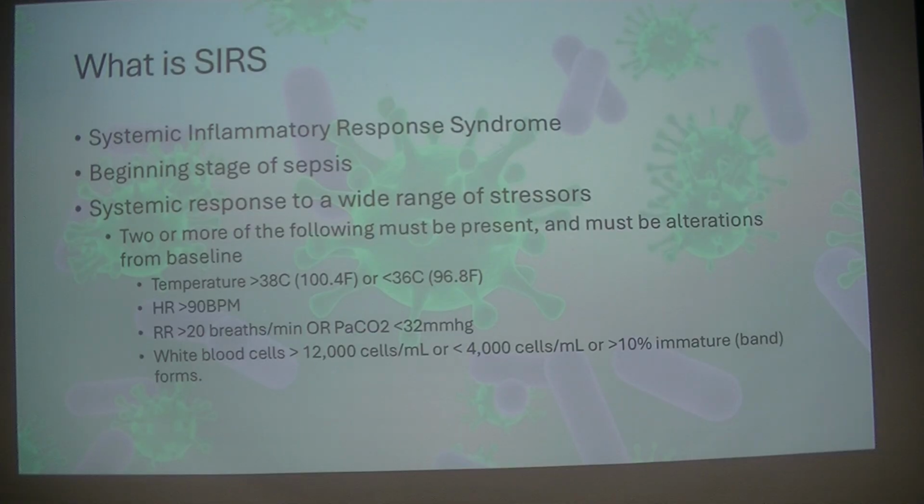So the criteria are a temperature greater than 38 degrees centigrade, or 100.4 Fahrenheit, or less than 36 degrees centigrade, or 96.8 degrees Fahrenheit, a heart rate greater than 90 beats per minute, a respiratory rate greater than 20 breaths per minute, or an end-tidal less than 32 millimeters of mercury, and a white blood cell count of greater than 12,000 or less than 4,000, or greater than 10% immature bands.